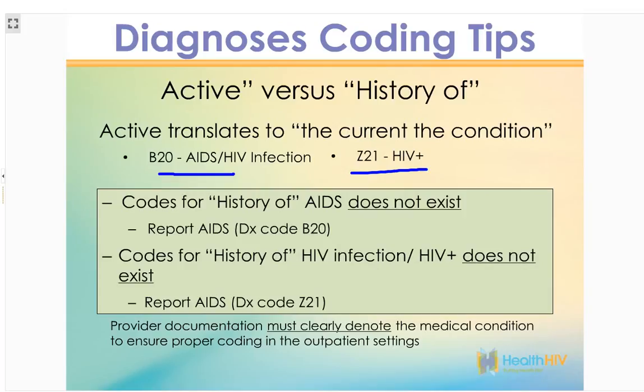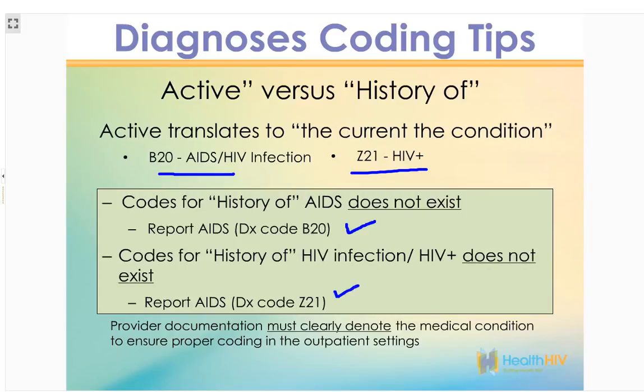There is no code for history of, so it doesn't exist. And in terms of the reporting, if the patient's chart shows a long-standing history of AIDS, you would map B20, or if the patient is HIV positive, then you would use Z21.